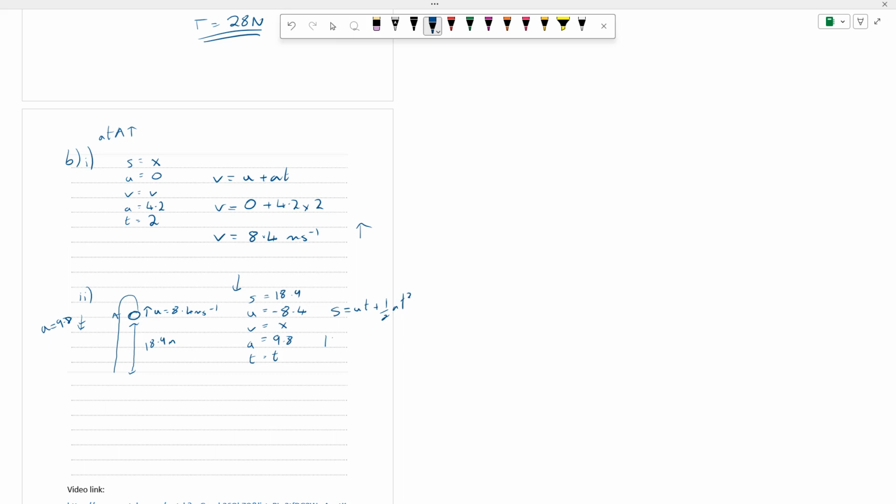I sub some values in: 18.9 equals minus 8.4t plus half of 9.8, so 4.9t squared. And again, I get a quadratic form: 4.9t squared minus 8.4t minus 18.9. I'm going to use my calculator to solve. If I solve this, I get 3 and minus 9/7. Time can't be negative, so therefore t must be 3.